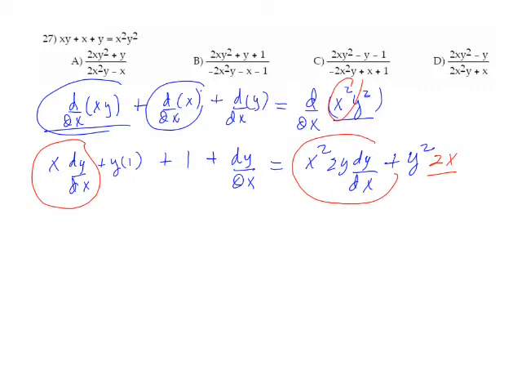And so I get dy/dx with an x, and then I'm going to have a plus 1. I'll factor that out, and then taking care of this, I get minus 2x squared y.